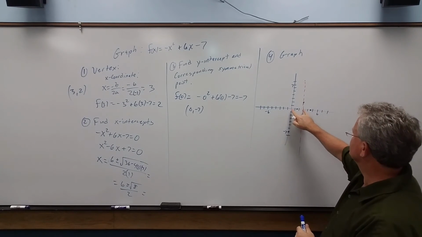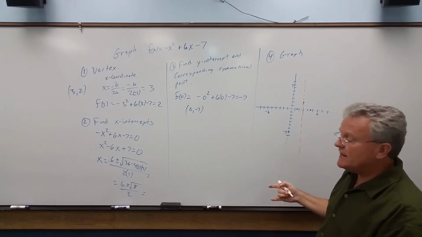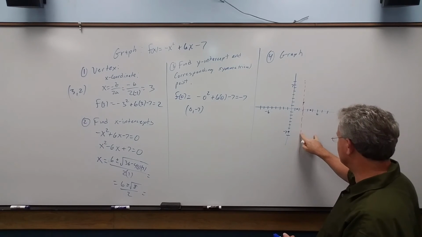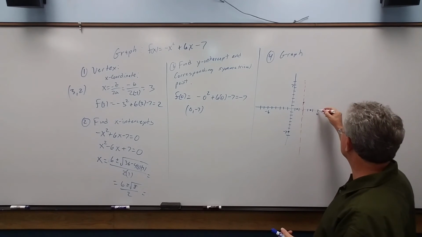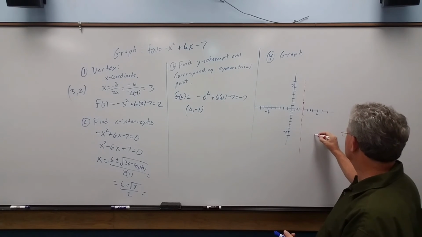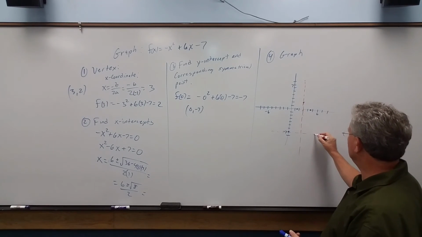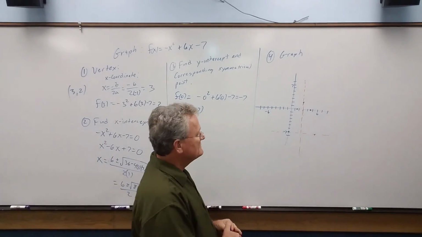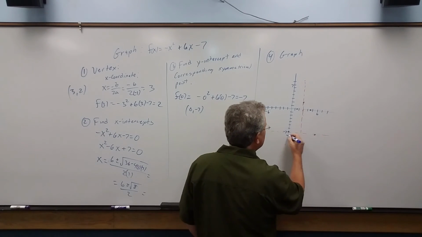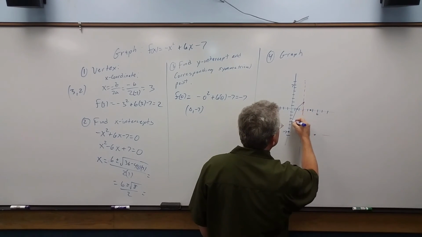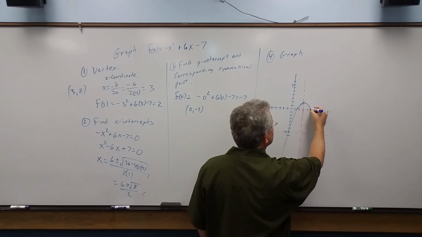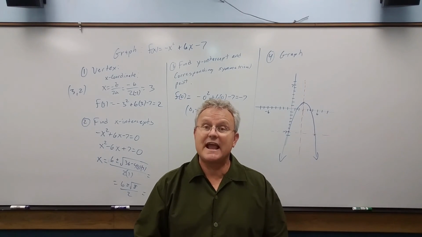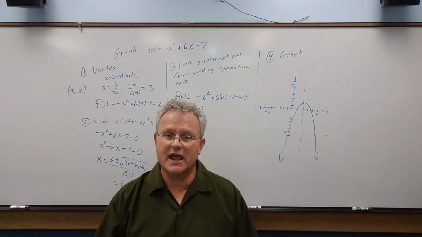This distance is 3, and by the nature of symmetry, its corresponding symmetrical point must be 3 units to the right. 1, 2, 3, come down to the same line here, and we get the other symmetrical point. Now we've got plenty of points to create our graph, and when I connect these, I'll get something like this, and that gives us a pretty nice, fairly precise hand-drawn graph.